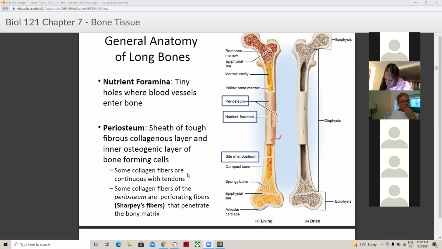Some collagen fibers are continuous with tendons. Remember, tendons can connect muscles to bones. Some collagen fibers in the periosteum are perforating fibers called Sharpey's fibers that are going to insert into the bony matrix of the cortical bone.